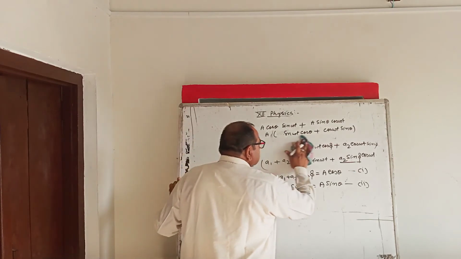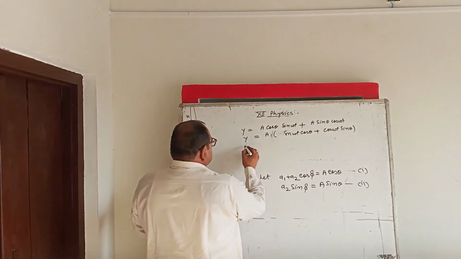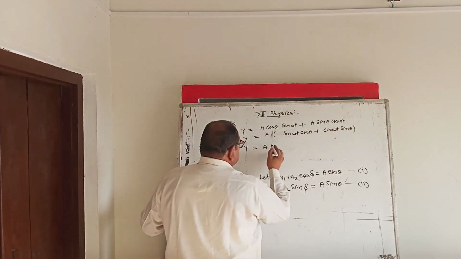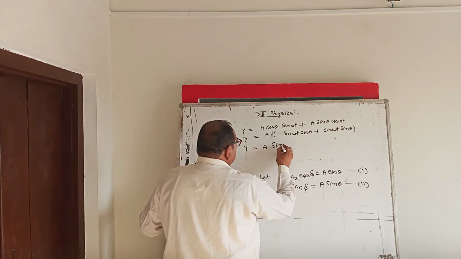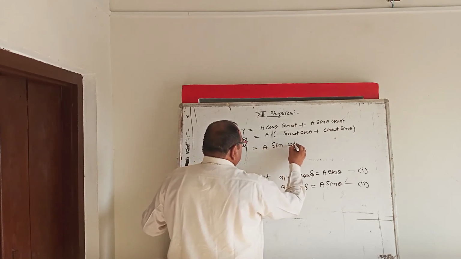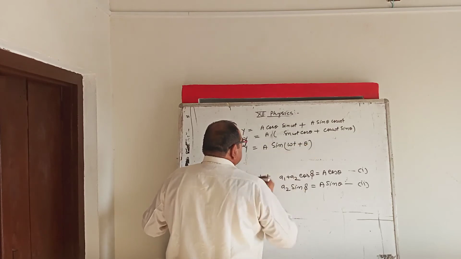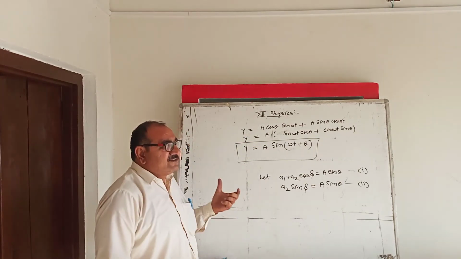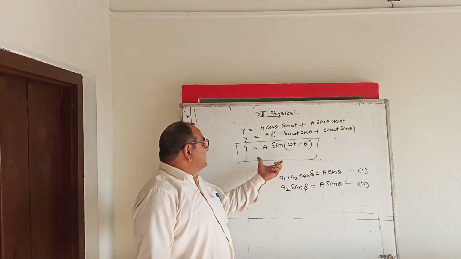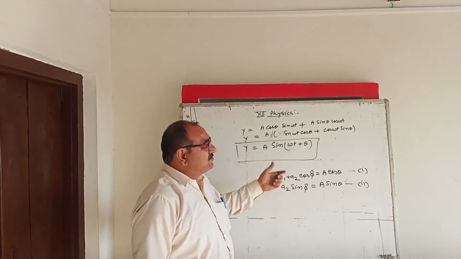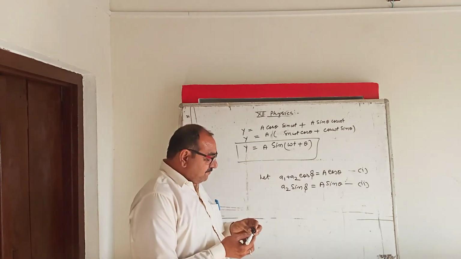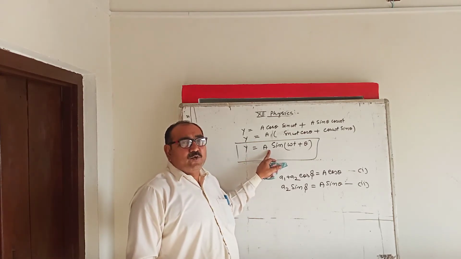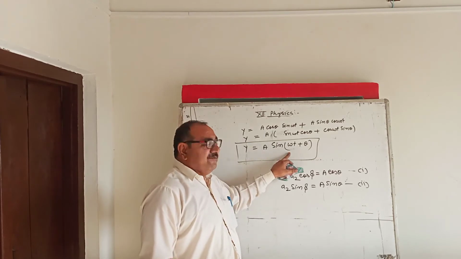Now what is the formula? Sine A cos B plus cos A sine B. This is reduced to sine of omega t plus theta. It means when two waves merge, the resultant is also a wave. I have proved that the resultant of two waves is also a wave.